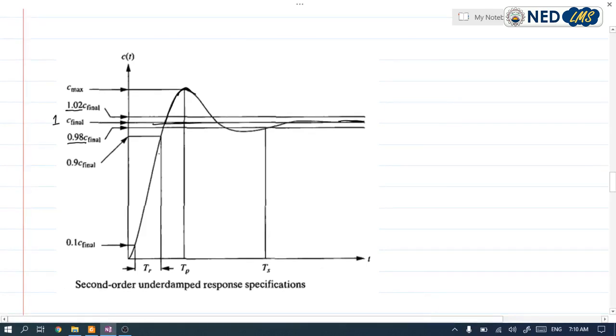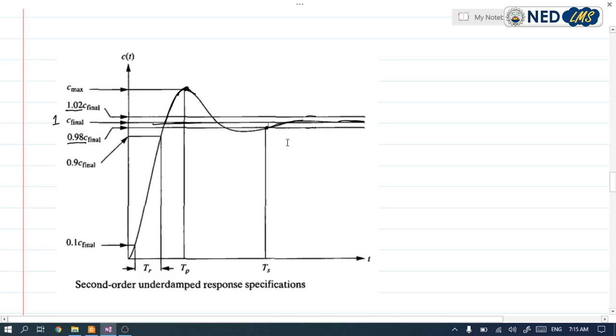So here we see that our response starts and takes this overshoot here, and then gradually it settles down over here. When it is settling down at this point, the response will not cross these plus minus 2% values. So we say that this point is our settling time.